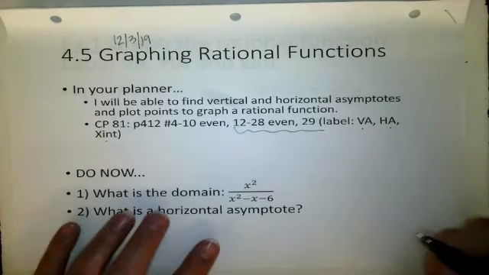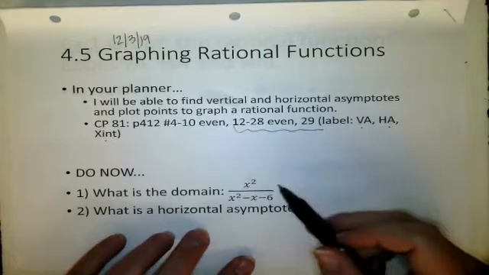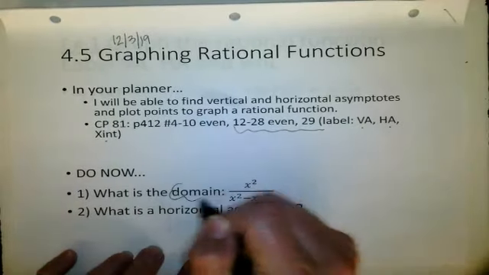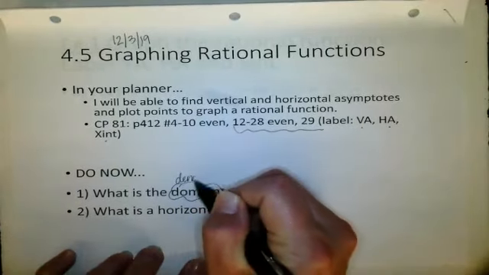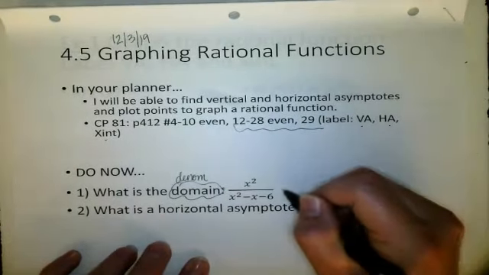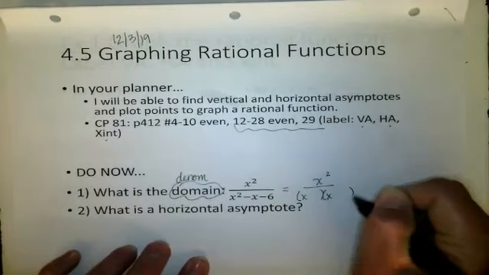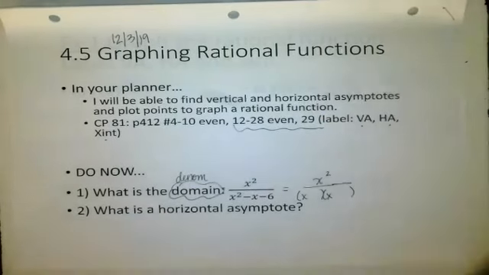So first and foremost, what is the domain of this? Well, domain, denominator, domain. So we always want to factor first. Rule number one, we're graphing rational functions today. Factor first.